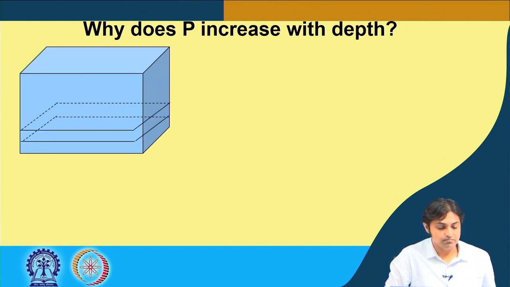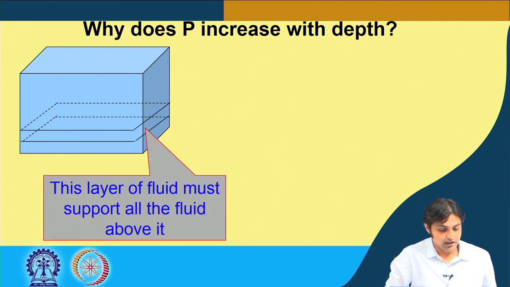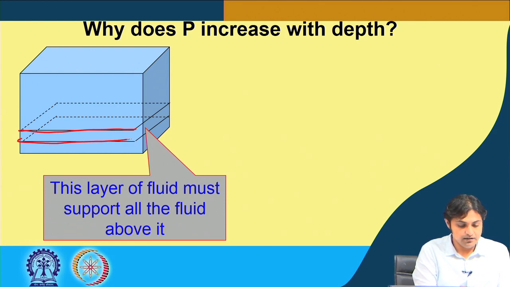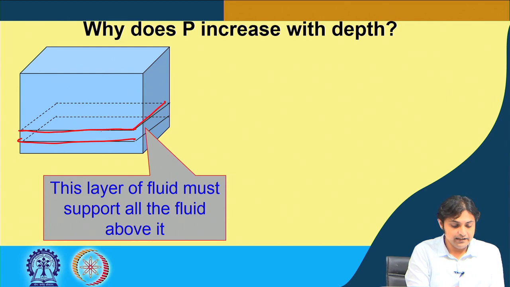This is a volume of liquid. As you can see, there are some layers in it. So this is one layer, right? This particular layer will have to support the entire liquid that is above this layer, and the same is true for this layer. So this layer will have to support this much plus this much.